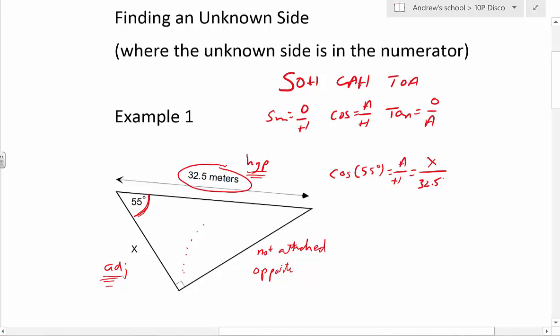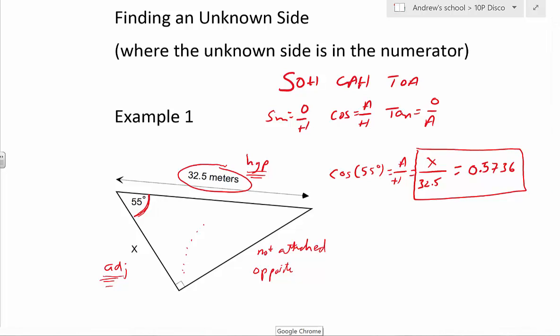Cos 55 is 0.5736. The most important part about this statement is the last bit. That says that the side we want divided by 32.5 is 0.5736.